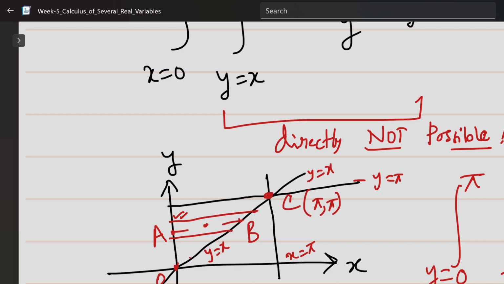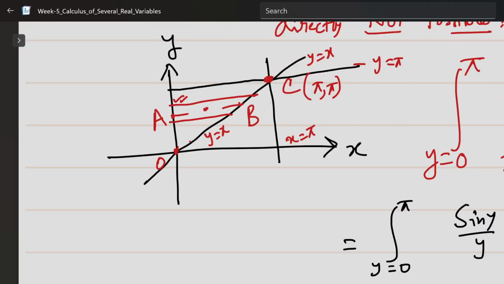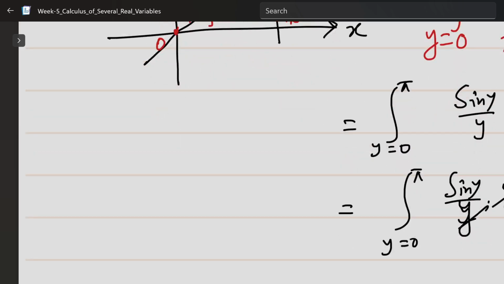So what will happen? Y is from 0 to pi. If you integrate now, it is sin y by y into x, x is from 0 to y, dy. So it is integral y equal to 0 to pi sin y by y into y dy. So y cancels out. It will be only integral of sin y.